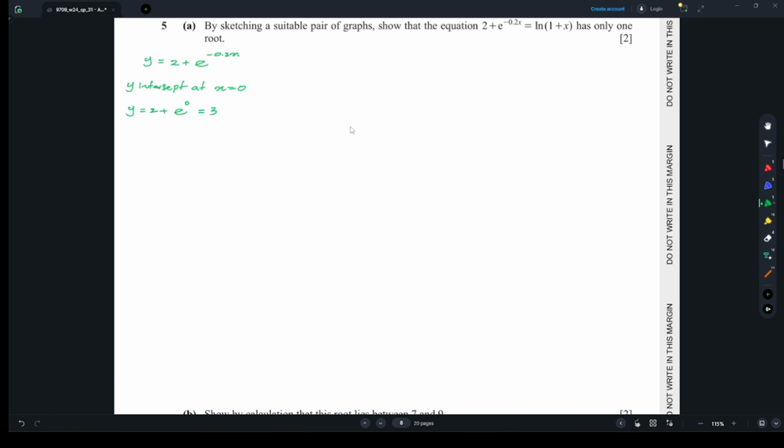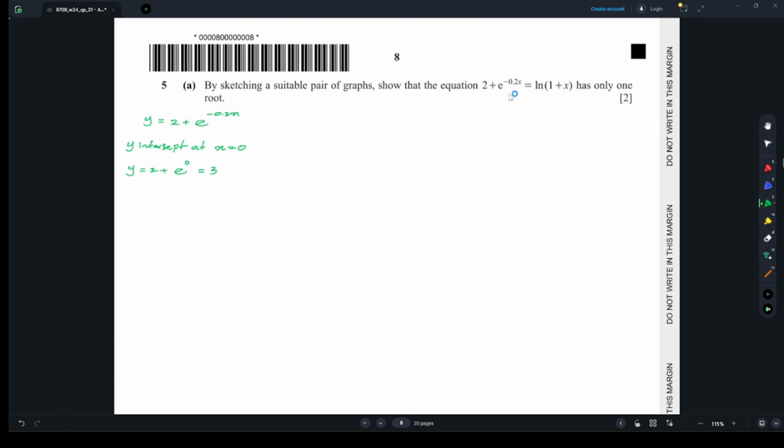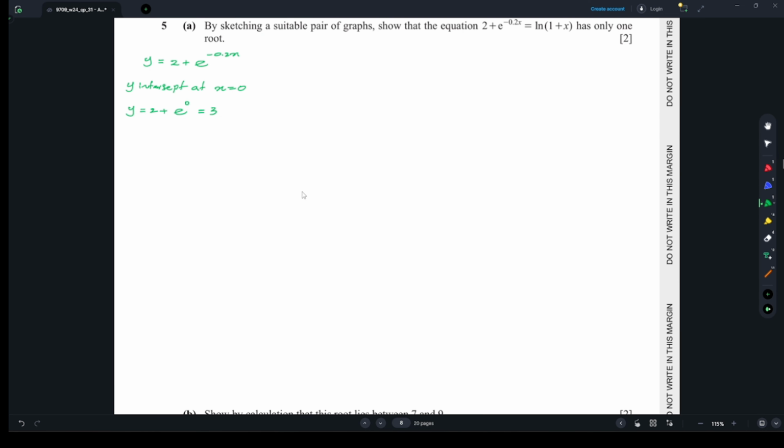And then we can find the horizontal asymptotes. We use that one as x goes to infinity. Then y goes to 2 plus e to the power minus 0.2 times infinity, which is minus infinity.